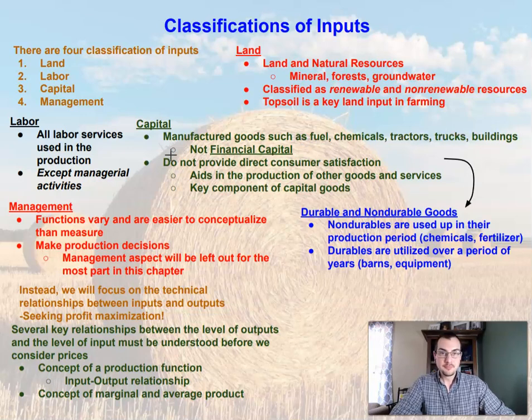Now, the key classification of this capital is that it does not provide direct customer satisfaction. These manufactured goods do not provide direct satisfaction, but yet they aid in the production of other goods and services. Let's take tractors, for example. These tractors do not provide a direct input into customer satisfaction.